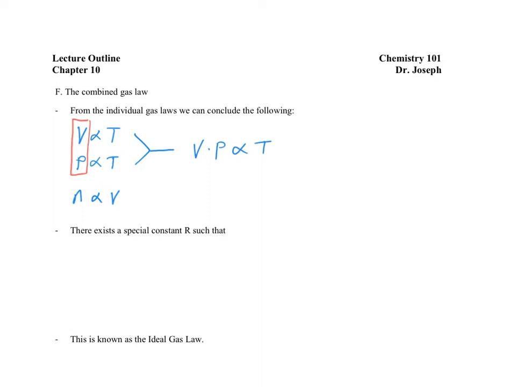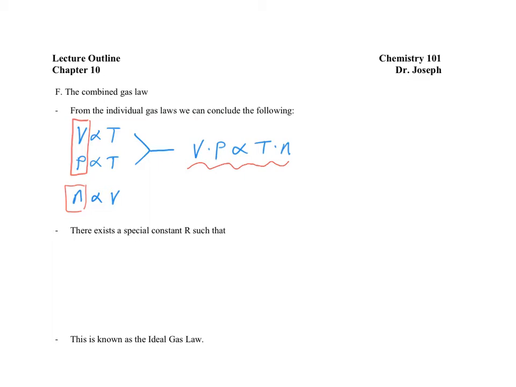We can also combine Avogadro's law into this expression. Notice that the number of moles is directly proportional to the volume. So if we had the temperature times the number of moles, that would still be directly proportional to the volume, so we can put N, the number of moles, on this side. Now we have a proportionality that expresses the relationship between volume, pressure, temperature, and moles.